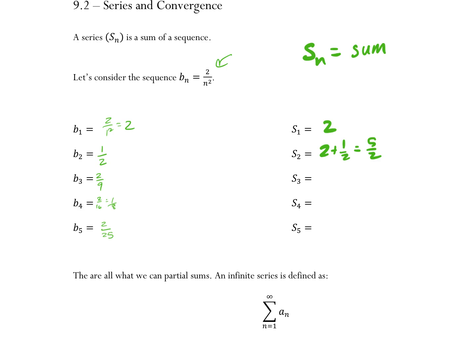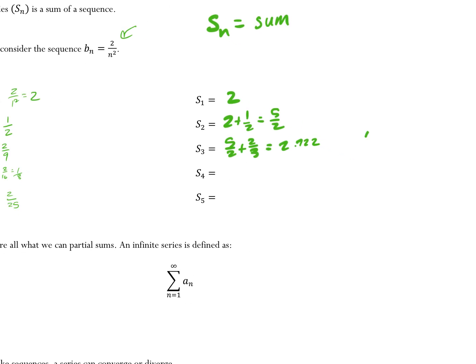And then S3 would be that value plus b3, because it's the sum of the first 3 terms. In Richard's class, we also wrote this as, for instance, the sum from n equals 1 to 3 of 2 over n squared. Do you remember doing sigma notation a really long time ago? This is saying which terms are being added together, a1 through a3 of this sequence.